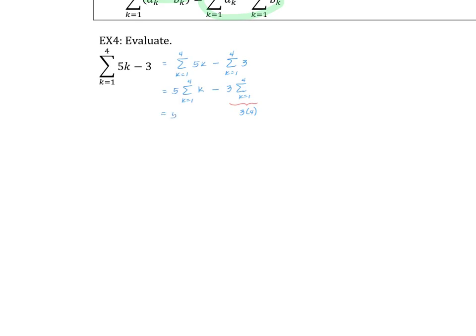This here, I have a 5, but I have a formula for k, right? Remember, my n is 4, so it's going to be 5 times 4 times 4 plus 1 over 2.